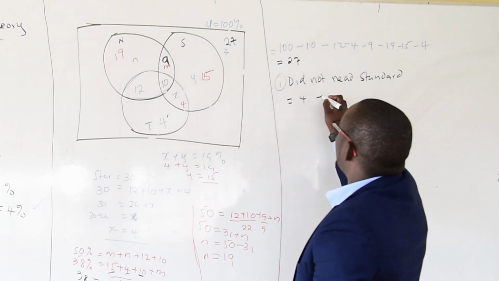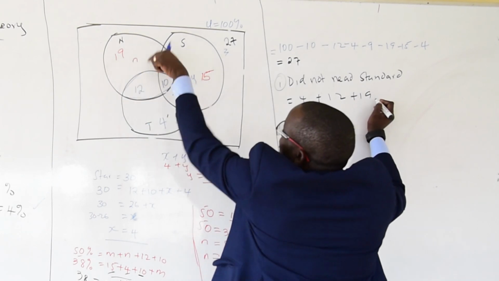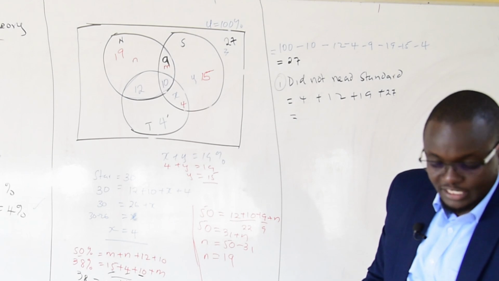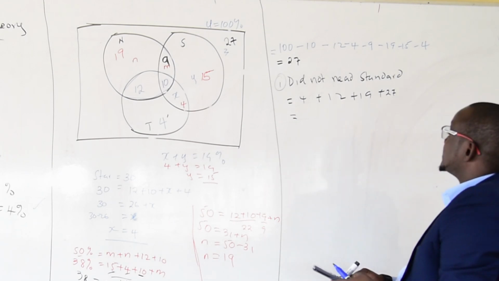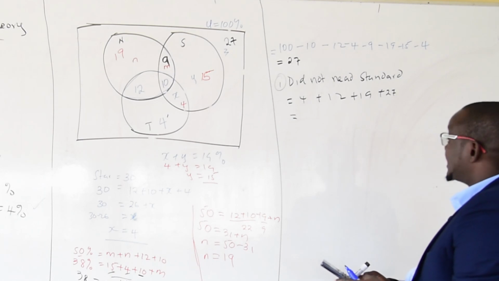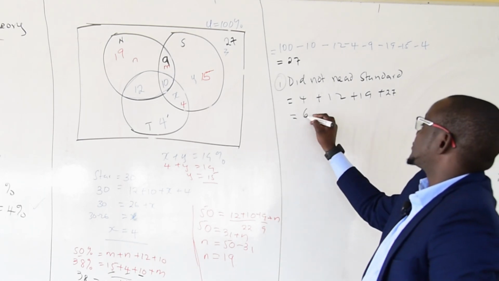So this equals 4 plus this 12 plus 19, they are not in the circle for standard, plus 27. Those are the ones that did not read the standard. So here we have 4 plus 12 plus 19 plus 27. So it's a total of 62.